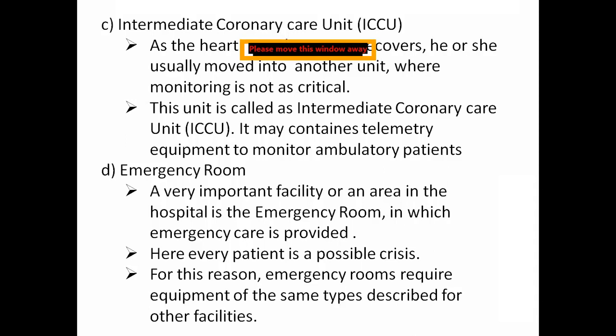It may contain telemetry equipment to monitor ambulatory patients. In addition to the ECG and blood pressure measuring equipment, it also has telemetry equipment, which sends signals to doctors or nurses.